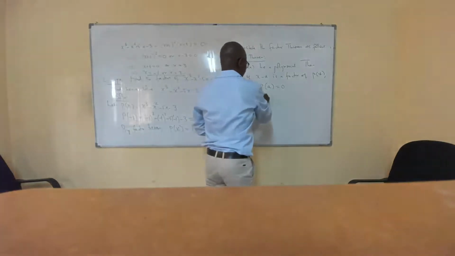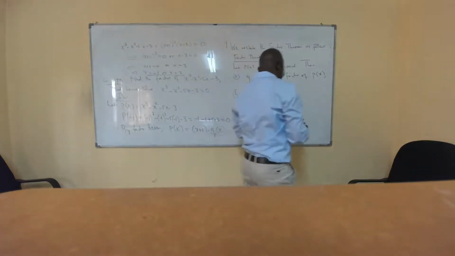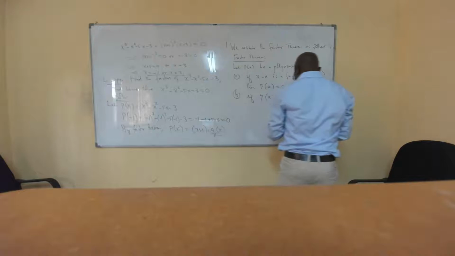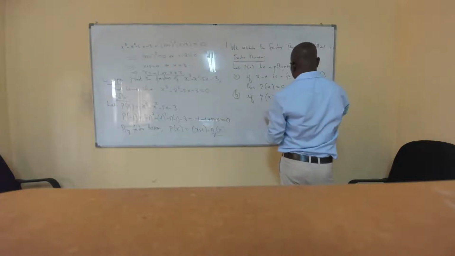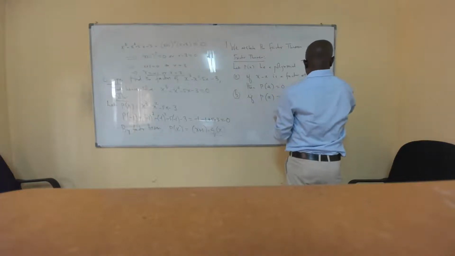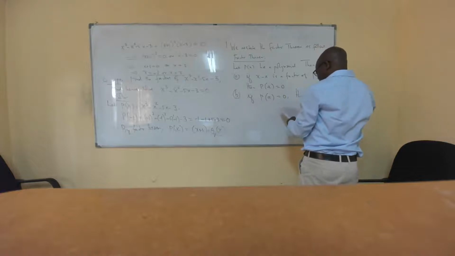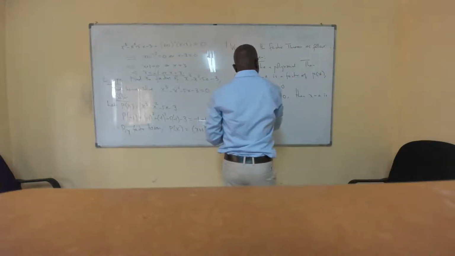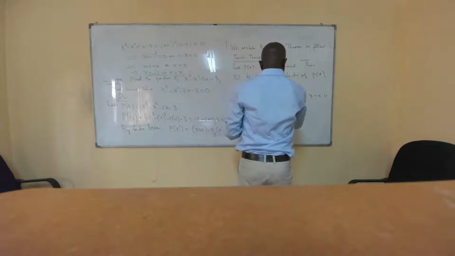B, if a polynomial is evaluated at a, and we get 0, then x minus a is a factor of P of x.